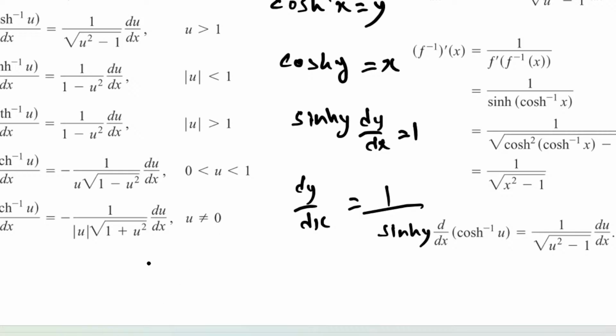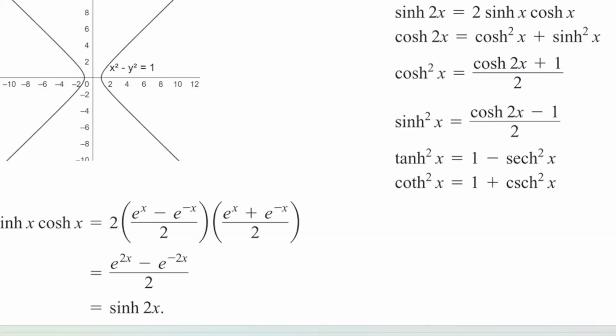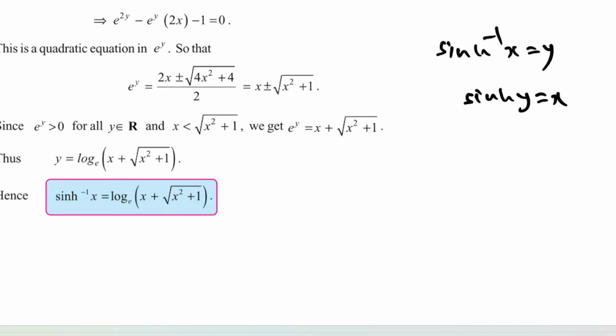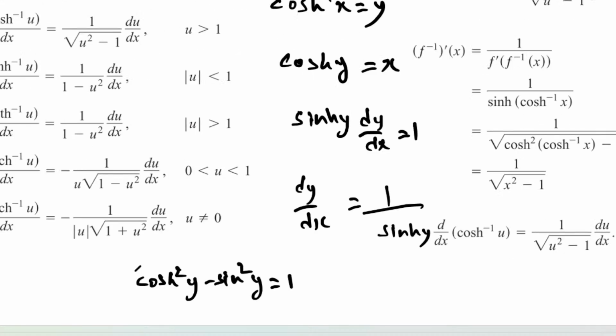Now we also know cos h square y minus sin h square y equals 1. This is one of the first identities. From this, what do we get?